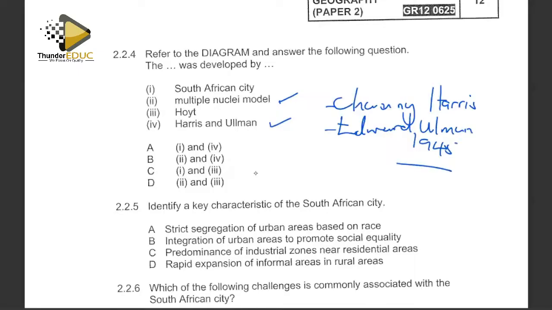That is when they came out with the ideas of the multiple nuclei model after seeing the trends of the growth of cities in the developed world. All right, so our correct response is item 2 and item 4, which is B.